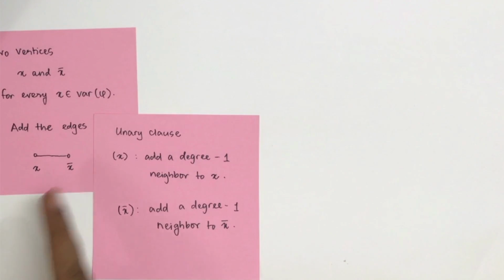And so we are just whispering to the vertex cover that we are anticipating that, look, just go ahead and pick this vertex x or pick this vertex x bar. So these are going to be degree 1 vertices, which essentially force the choice of the neighbor. Remember that we have talked about degree 1 reduction rules before, and we know that there's always going to be an optimal vertex cover that picks the neighbor of a degree 1 vertex. So that's kind of what we are trying to do here. I think this will become more explicit as we go along.